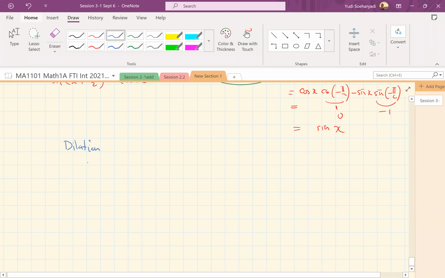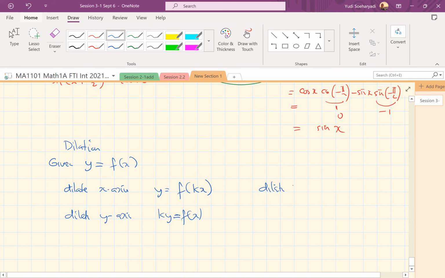Given a function, you dilate x, or you dilate the y-axis. What is dilate? Stretch or compress.